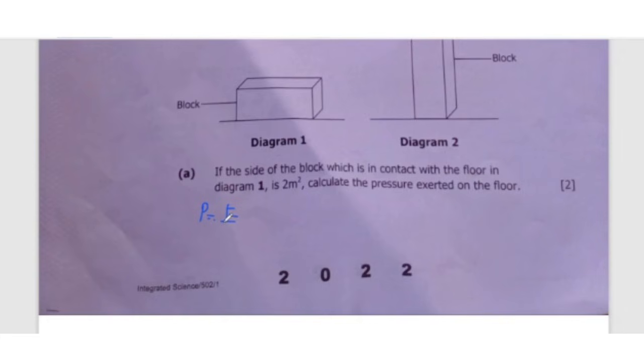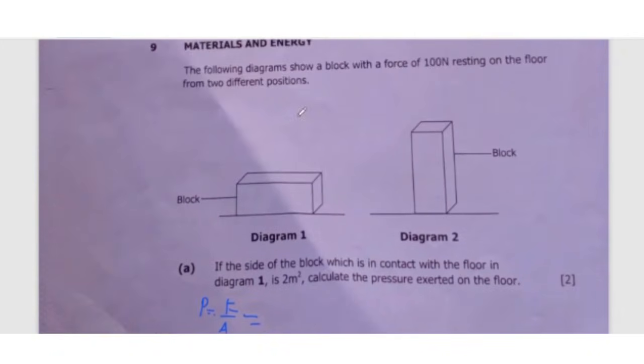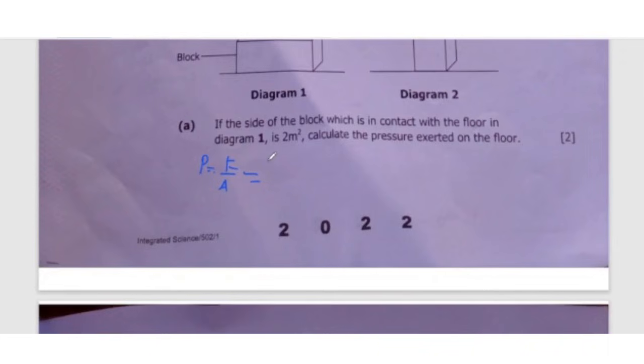So force over unit area, so we are just going to say over area. Now in this statement we are told what the force is. So we go back to the statement here, where we are told that the force is 100 newton. So we come down here, where there is force we put 100 newton.